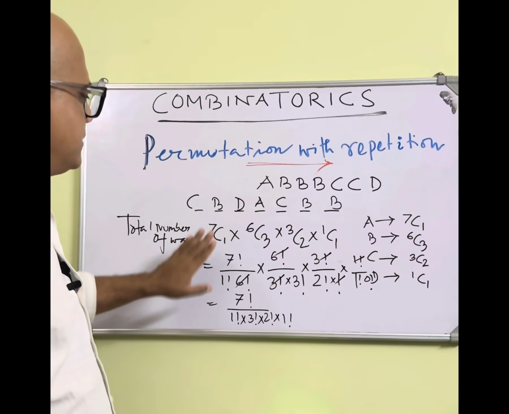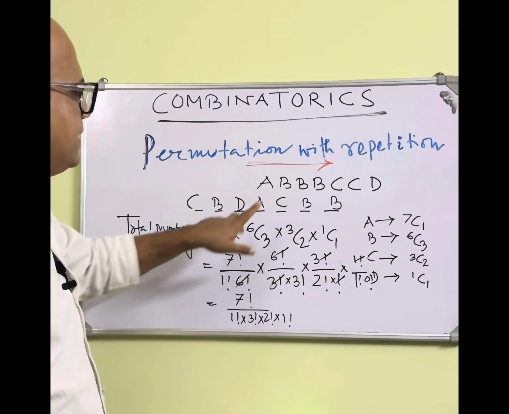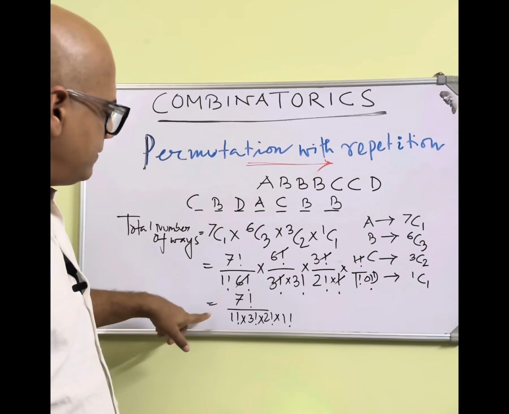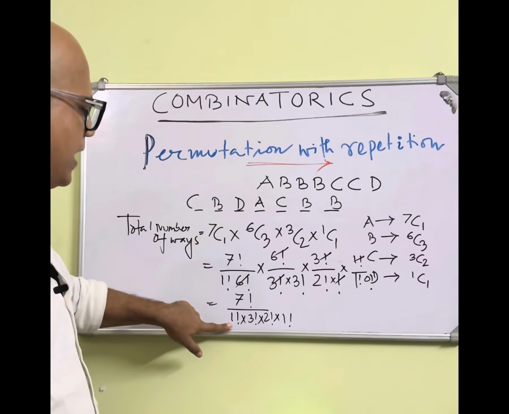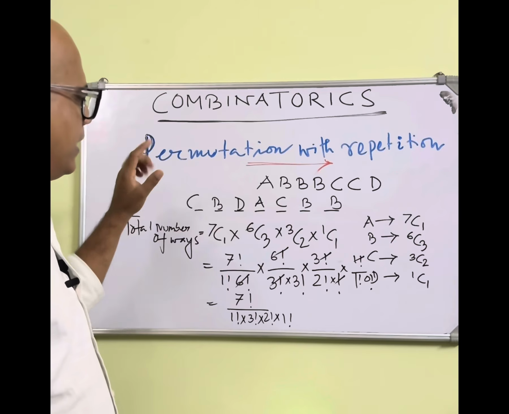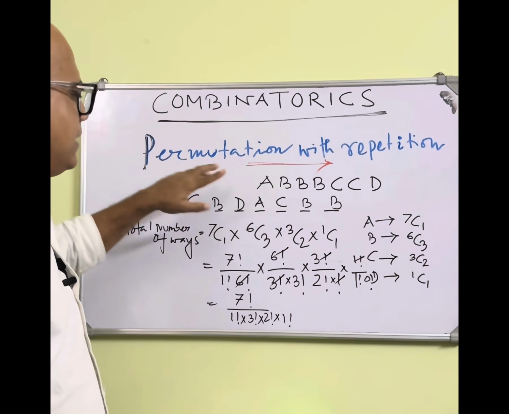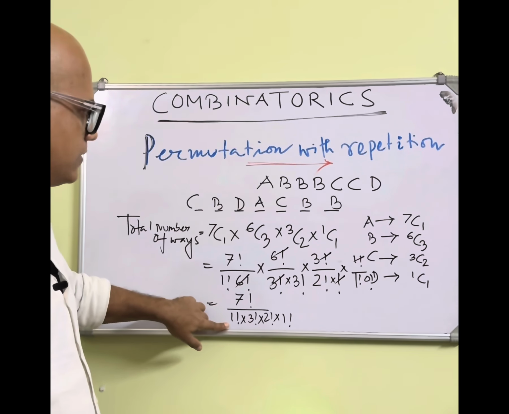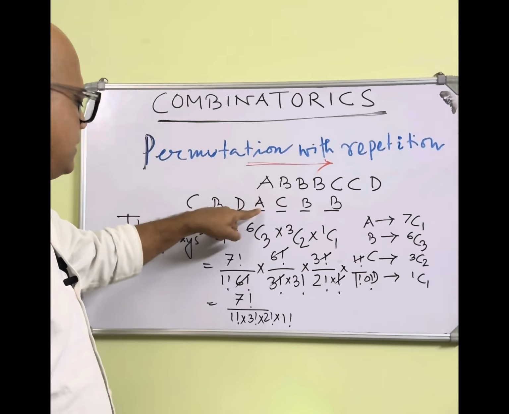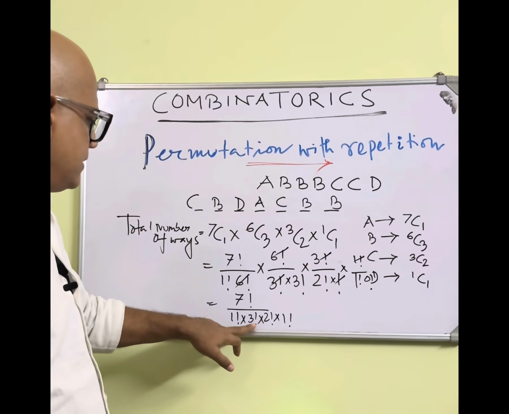Just try to match it with this. So 7 is the total number of letters we have. That's why it's coming in the numerator. And in the denominator, what do we have? The frequency of every single letter. Here A appeared once, so that's 1 factorial. B appeared thrice, 3 factorial.